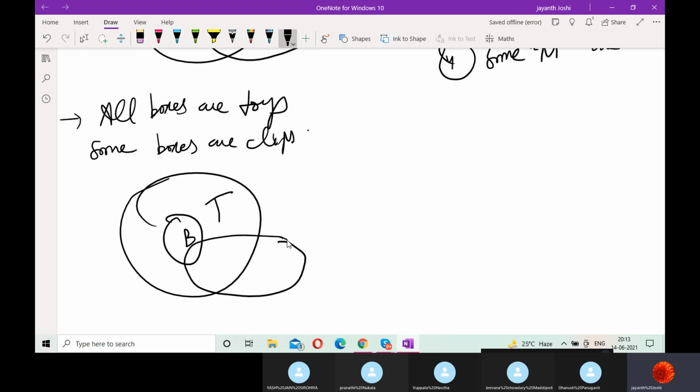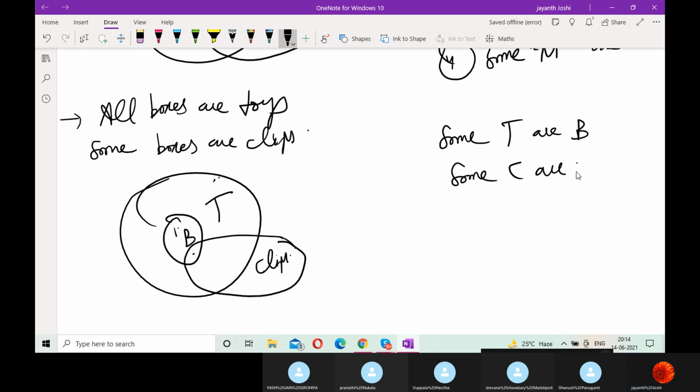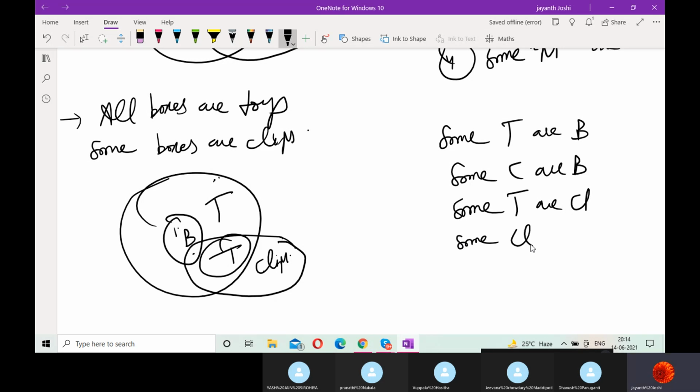Same thing. So if all boxes are toys, that means some toys are boxes. Understood fact? If some boxes are clips, some clips are boxes. Some toys are clips because the toy region is this. Some clips are toys. Similar kind of. All of you make a note of this.